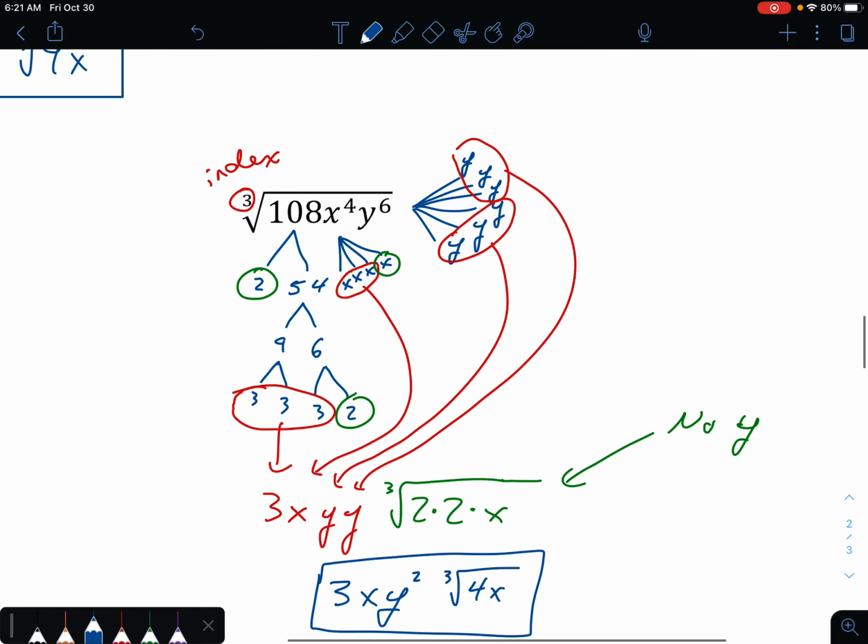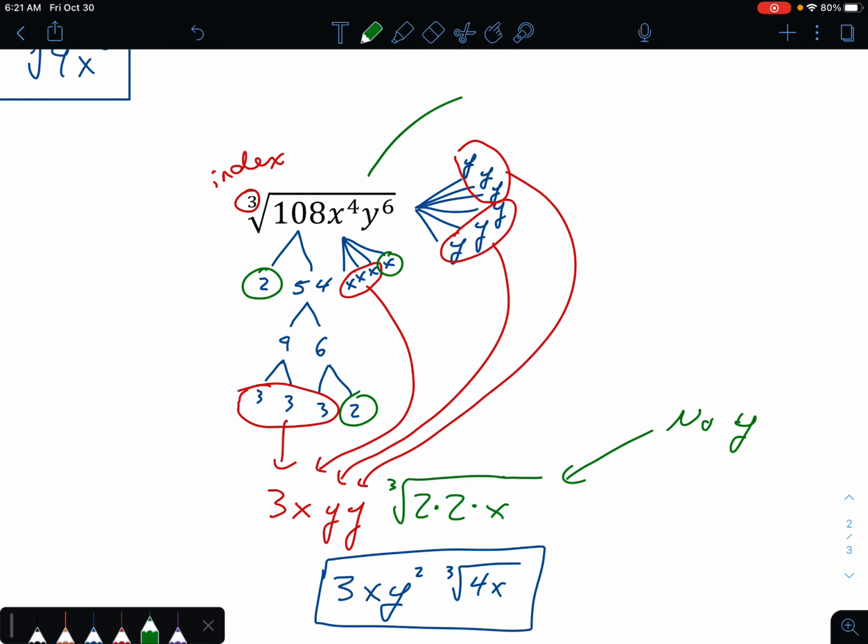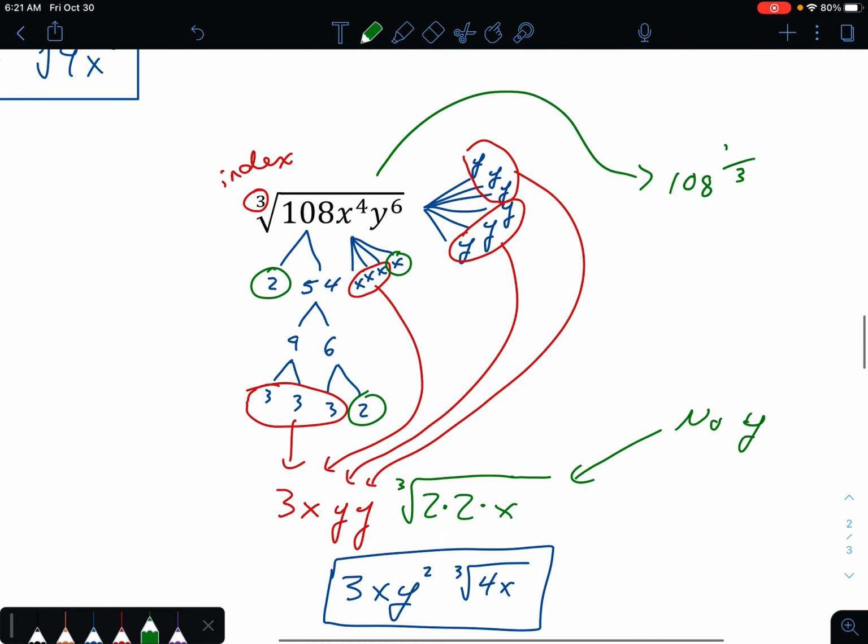Just to reiterate, I can write this as a fractional exponent. Here's my 108. It's inside of a cube root. The power of the 108 in here is a 1. My x to the 4th is inside a radical with an index of 3.